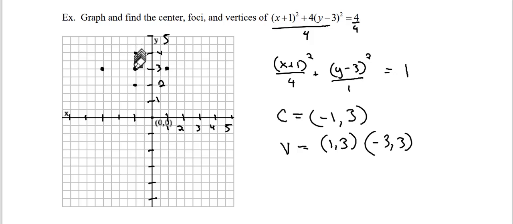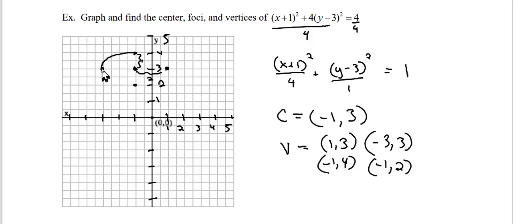For the other ones, let's go from -1, 3, I'm going up 1 space, right? So that changes my y. -1, 4, and I'm going down 1 space. -1, 2. Notice I don't necessarily have to memorize those formulas, but think more about the idea of adding 1 here, adding 2 there, and subtracting, of course.